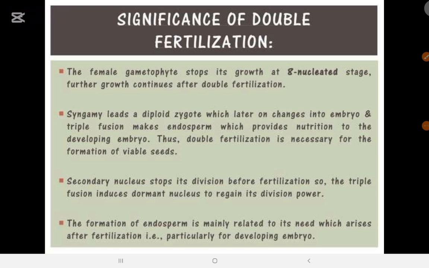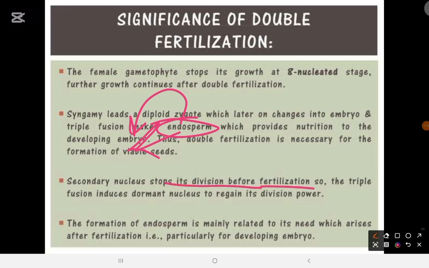Then the syngamy leads to a diploid cell, which later changes into the embryo, and triple fusion leads to endosperm, which provides nutrition for the developing embryo. Don't forget that the endosperm nourishes the embryo. Then the secondary nucleus stops division before fertilization.